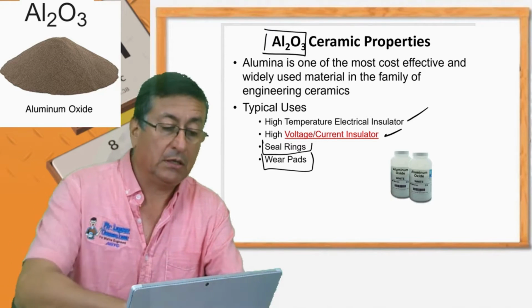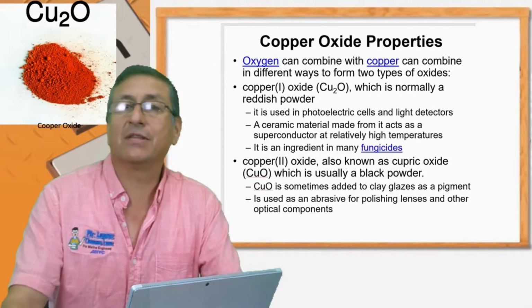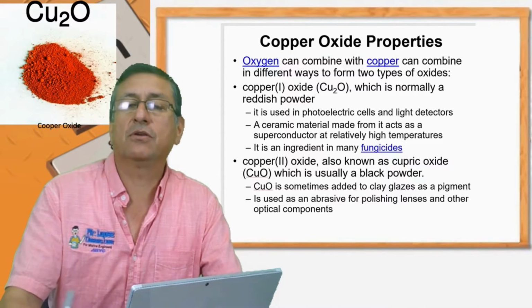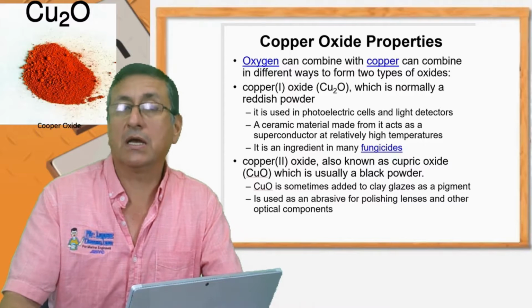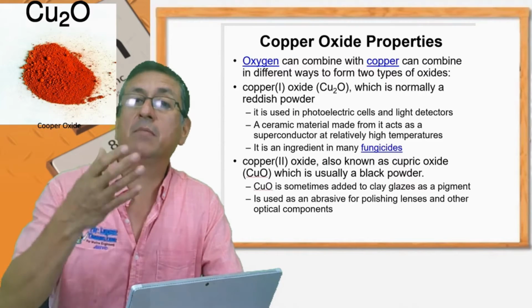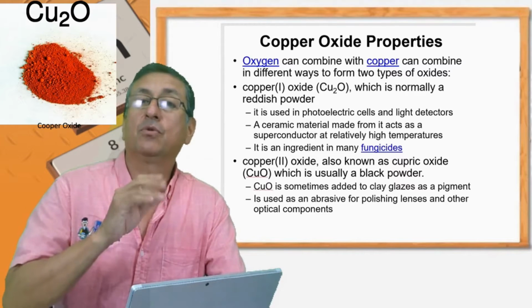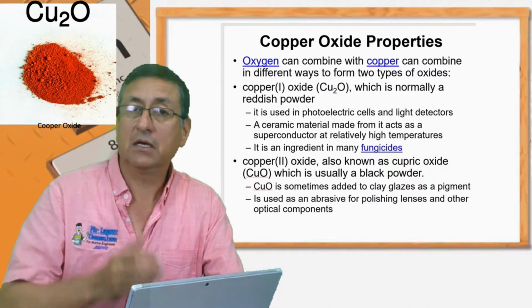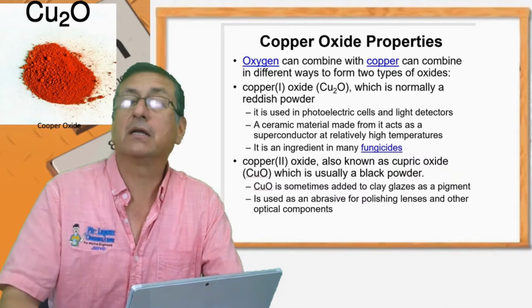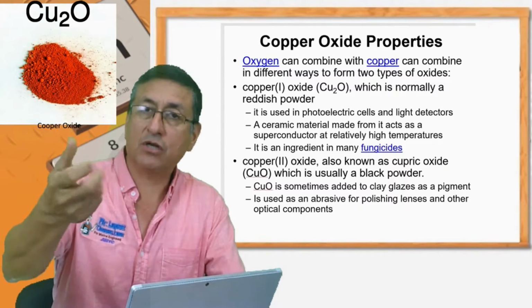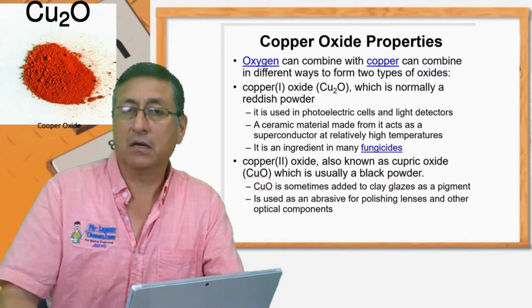Alumina. And now we are going to check the copper oxide. Remember that I explained in the previous episode that depending on how many electrons the metal is working with, when the metal is combined with the oxygen, the metal produces different types of oxides. Iron, copper and aluminum interact with oxygen in different ways.